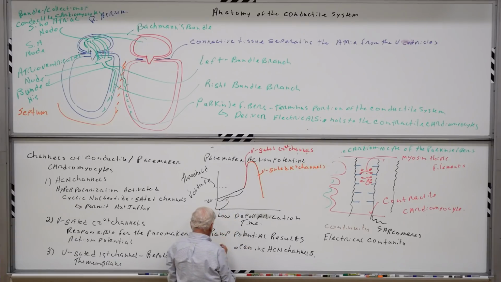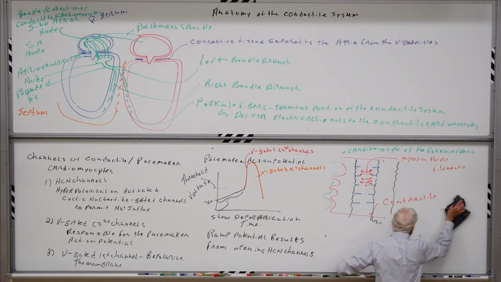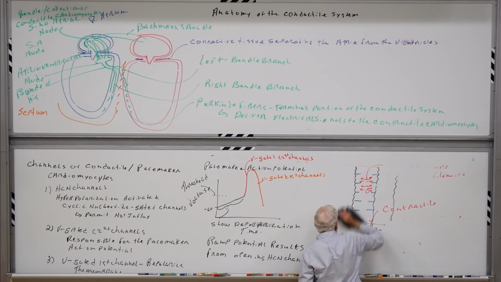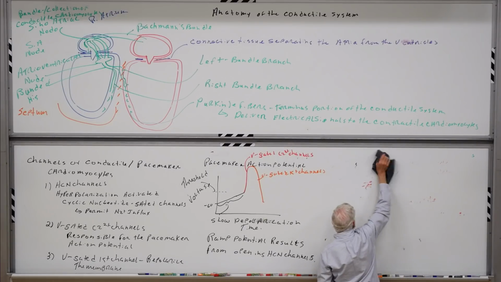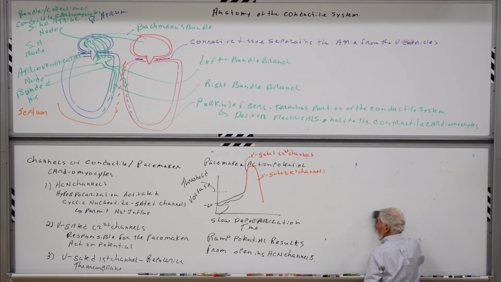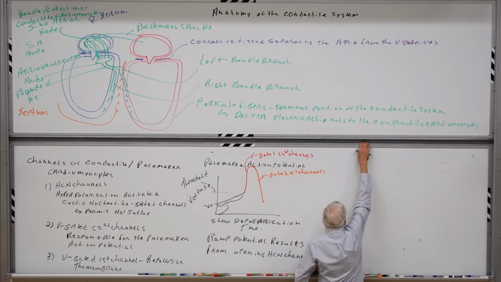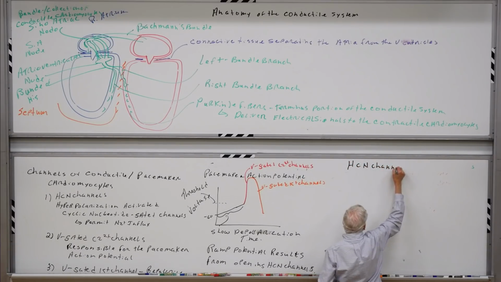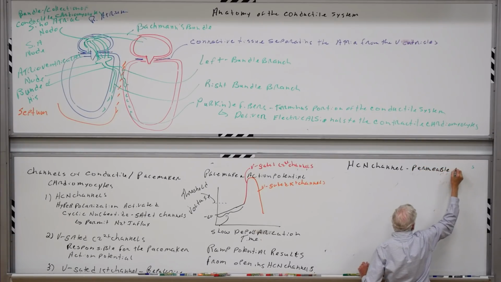But what I want to spend a little bit of time on, over here on the right, is to describe the HCN channels. The HCN channels are these unusual channels. We haven't seen anything like them up to now. The HCN channel is permeable to sodium.